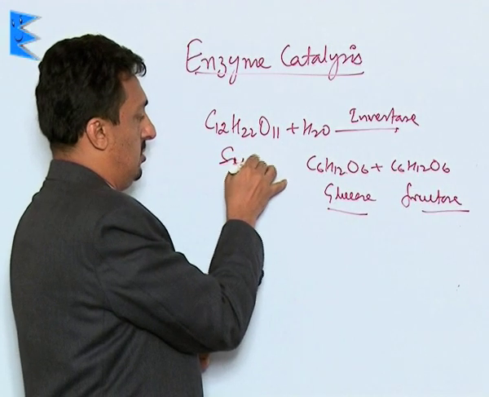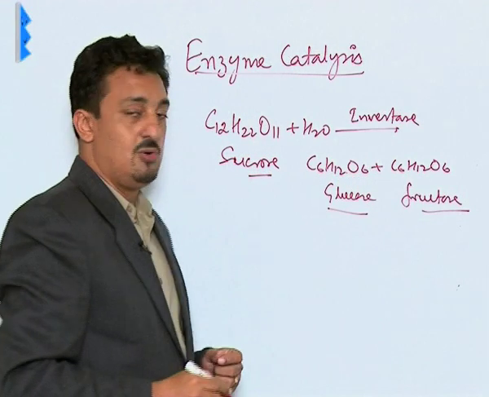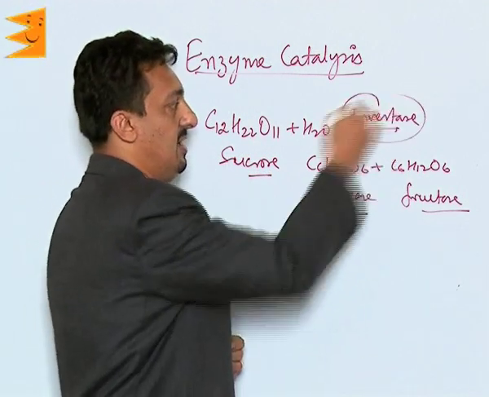So your normal sucrose is broken down into glucose and fructose by the use of an enzyme called invertase.